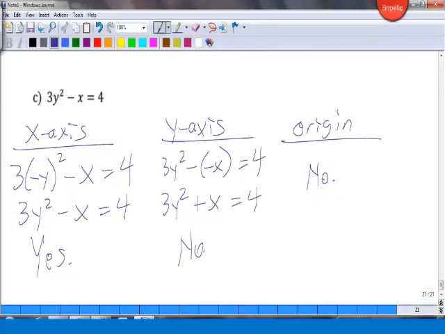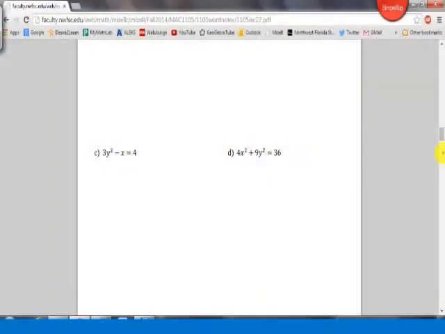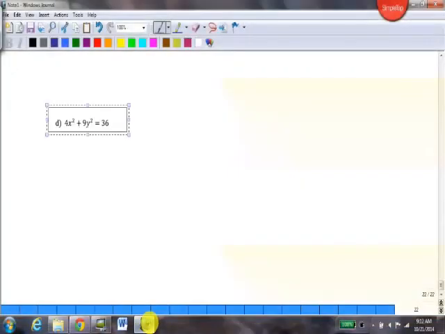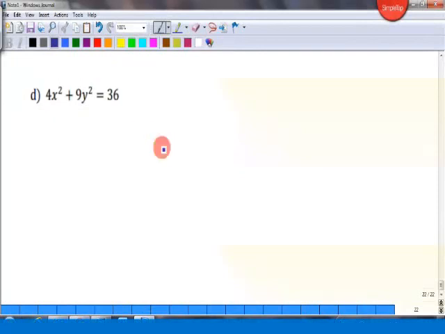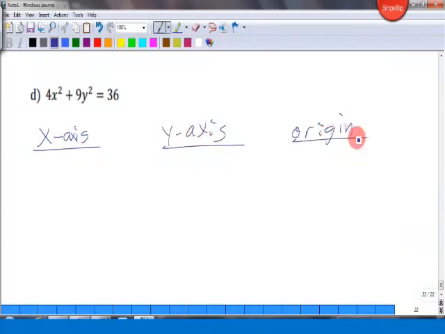We can go ahead and do the D part. 4x squared plus 9y squared equals 36. What's your gut telling you here? Yes, yes, yes. I'm thinking yes, yes, yes. X-axis, y-axis, origin.